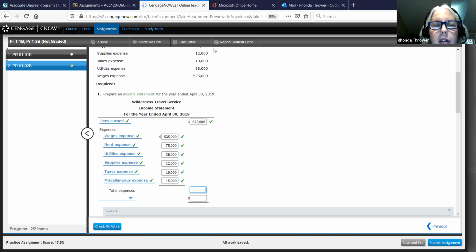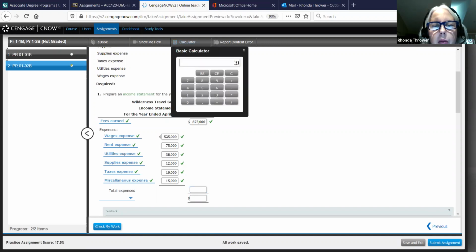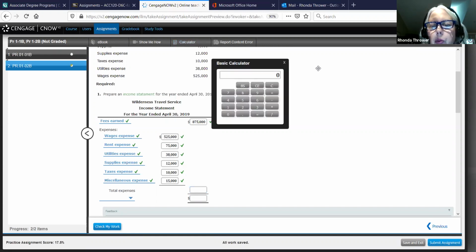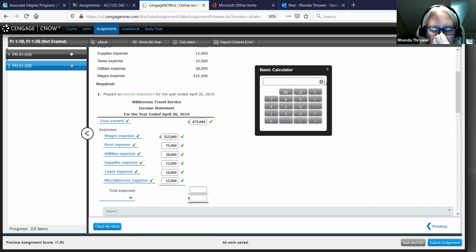Now on Cengage, they have a built-in calculator for you. I'm just going to click on this tab up here, and you can drag and move this calculator anywhere you want it to be. And so we're going to add up all of our expenses here.